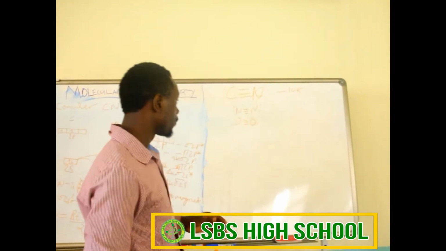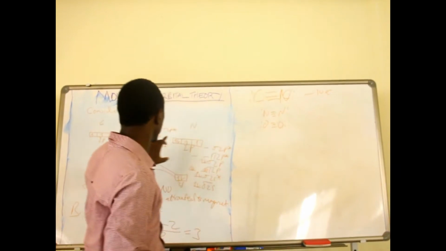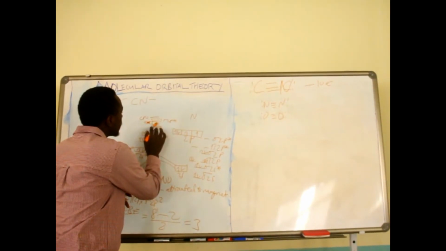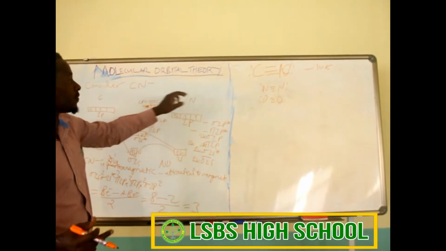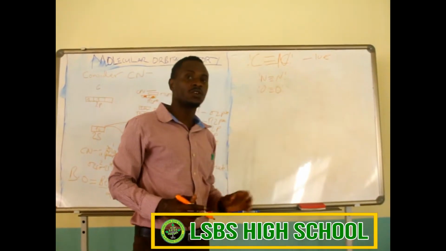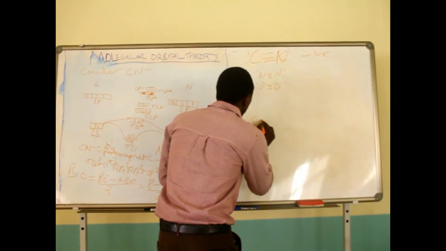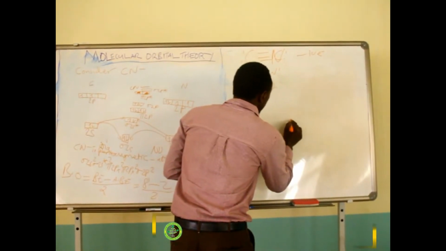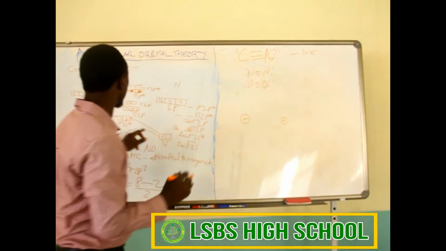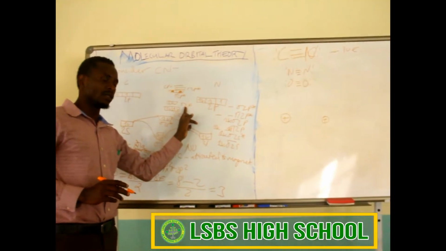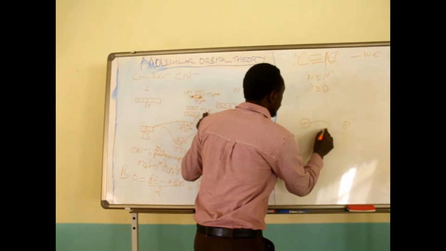Now finally, we are going to show how the unhybridized p orbitals result in the formation of the pi bond, and how these orbitals are formed through overlapping. If we have carbon with its nuclear charge and nitrogen with its nuclear charge, the sigma 2p shows the overlapping which forms the sigma bond this way.